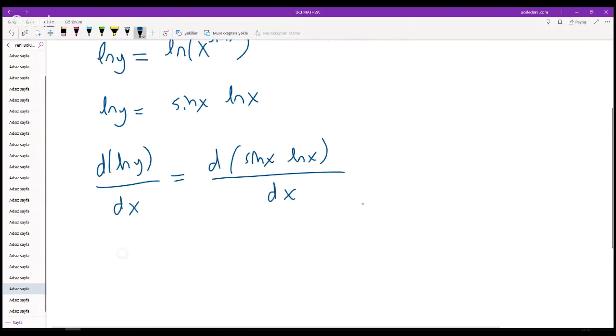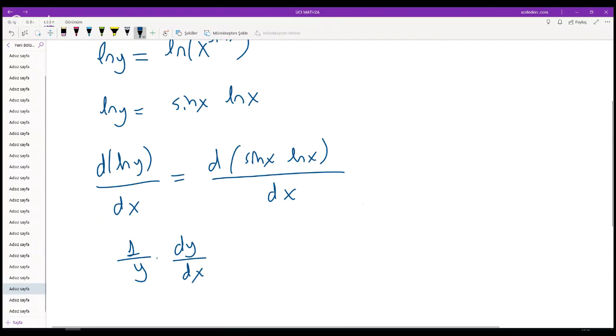First, let's take the derivative of ln y with respect to x. As I said before, first the derivative of ln y with respect to y, 1 over y, times the derivative of y with respect to x, dy over dx.